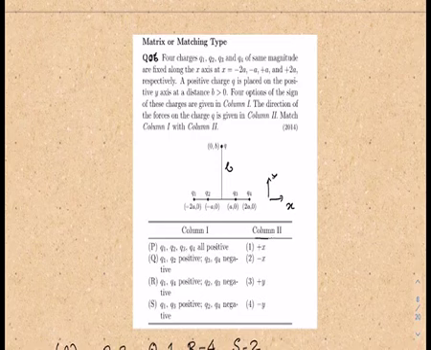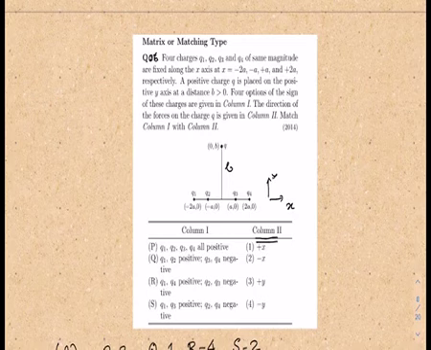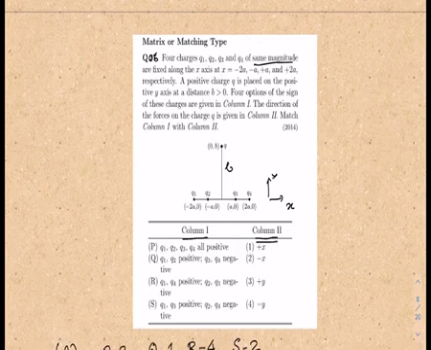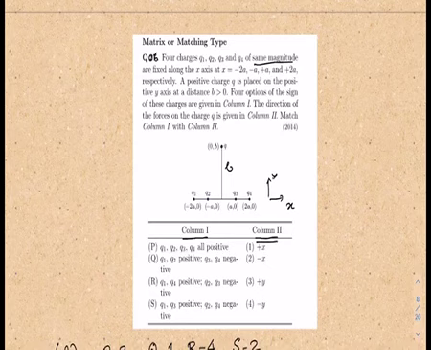So the direction of the forces is given in column 2, and the sign of the charges is given in column 1. The magnitude is the same, so that doesn't matter. Depending on the sign of the charges, you are going to get force along different directions.